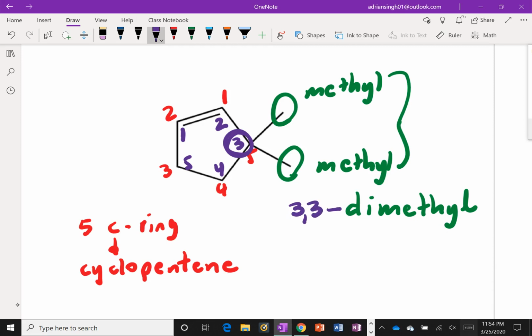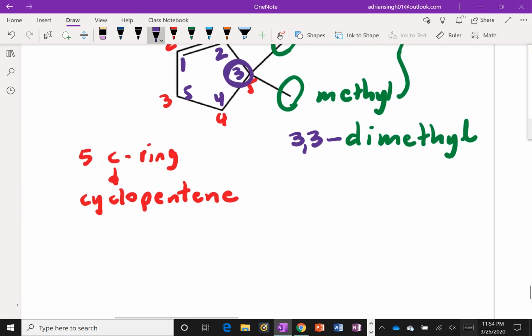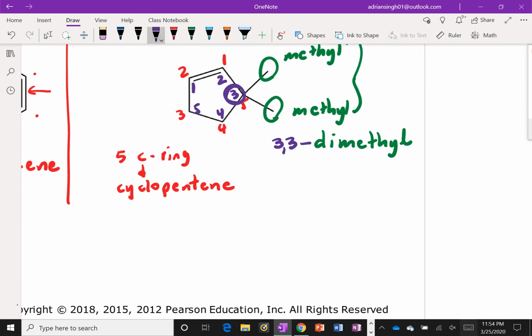You have to say where each of the methyls is attached, and both of them are attached to carbon 3, so you have to say 3 twice. So that's a 3,3-dimethyl, and then we're just going to stick that in front of our cyclopentene. So we end up then with 3,3-dimethylcyclopentene.